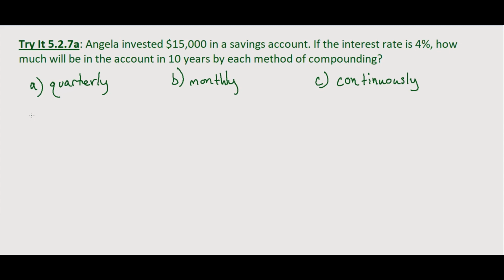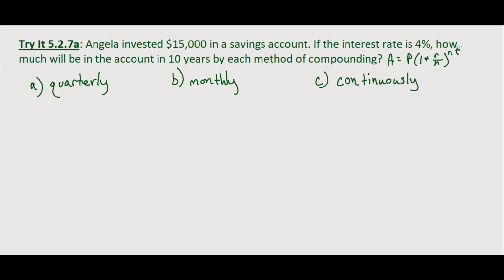When it's not continuous, the formula is A equals, the ending amount equals the principal amount, the initial amount, times 1 plus the interest rate divided by how often it's compounded, to the power of how often it's compounded times the total amount of time. Typically in years, unless we're given a specific problem in which it's a different situation.